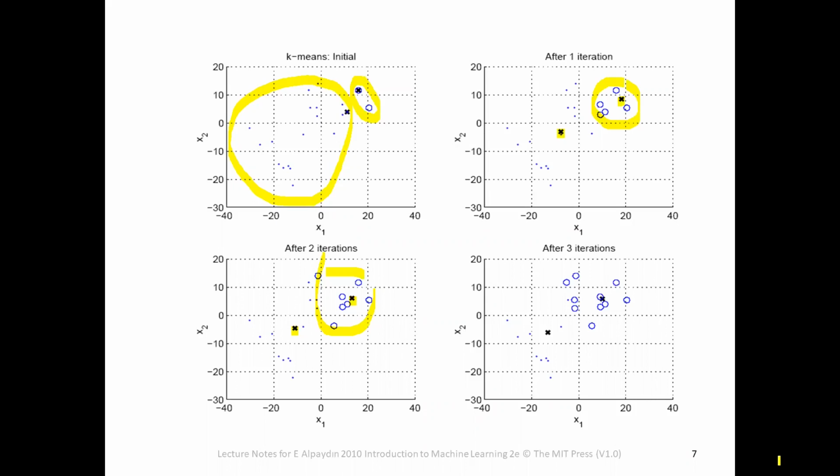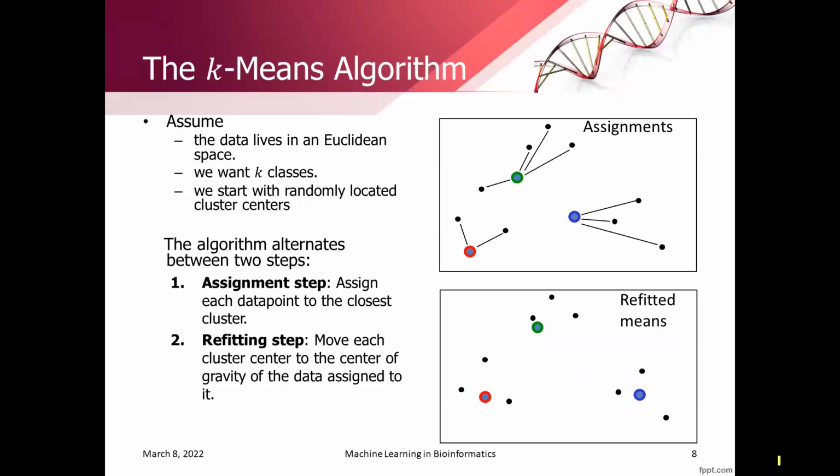But we can show that if the algorithm changes the position of the means, then the representation error will decrease.